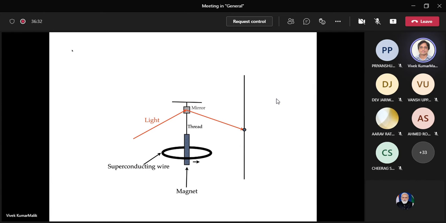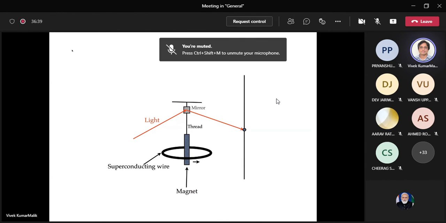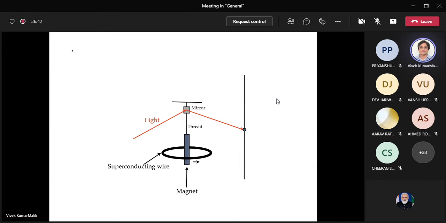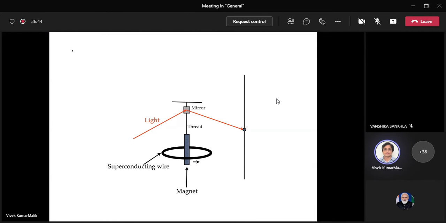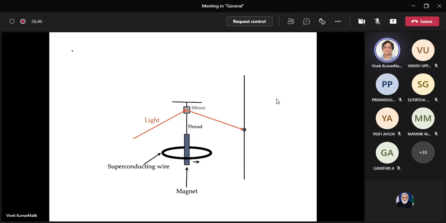He prepared a wire or tube, first in the normal state, and then he put a magnet, like you may know from some earlier experiments: a magnet hung from a thread, with a mirror attached to the thread.